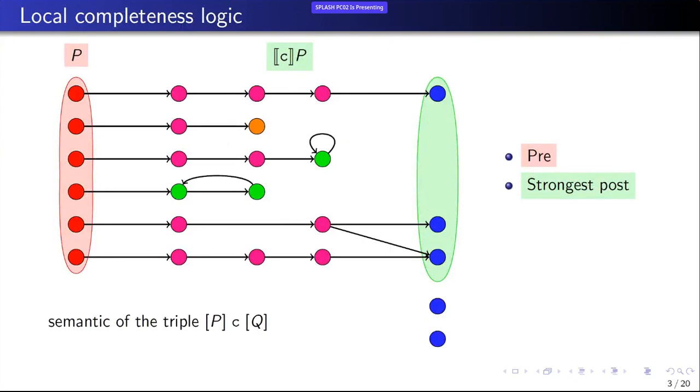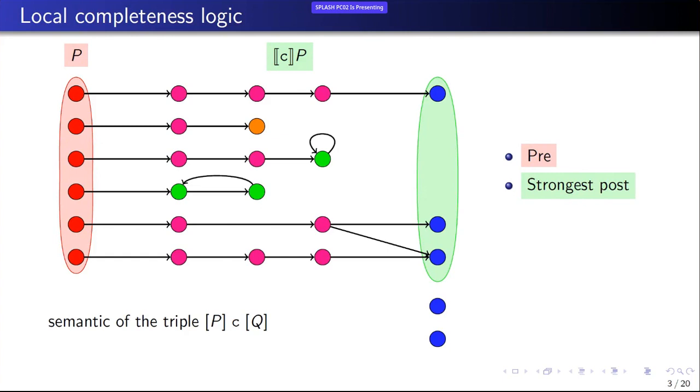To give you a brief introduction, I described in this figure a program execution as a transition system in which states are represented as dots. We can start from a precondition P on the left, and from there the program is modeled as a transition system. We transition into multiple states, and in the end we reach some output states.